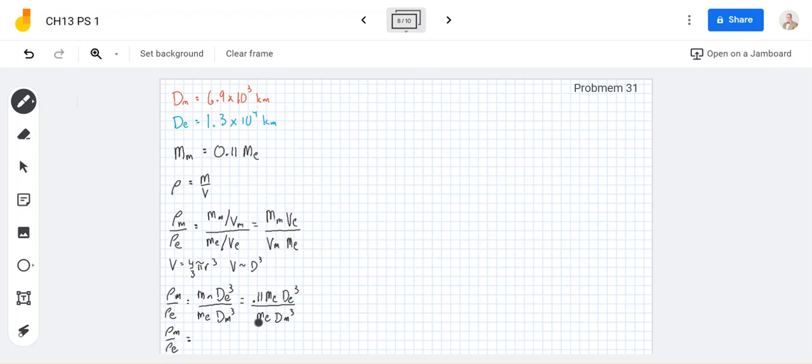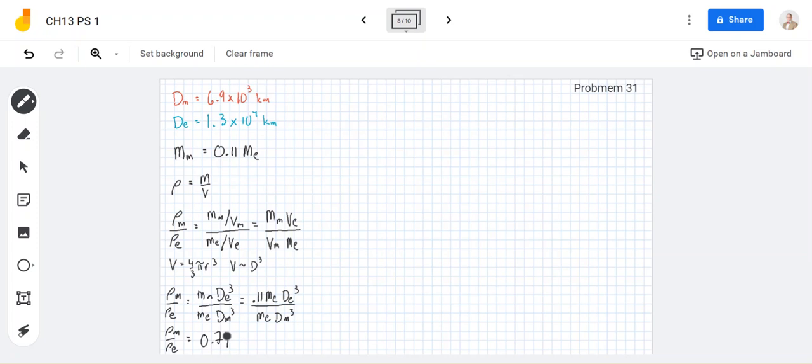And we see that the masses cancel out. I'm going to plug these into the calculator and let's see. So I plugged in the diameters, this canceled, I multiplied, and I got 0.74. So the ratio of the density of Mars to the density of Earth is 0.74. What that means is that Mars is less dense than Earth. It's about 3/4 of the density.